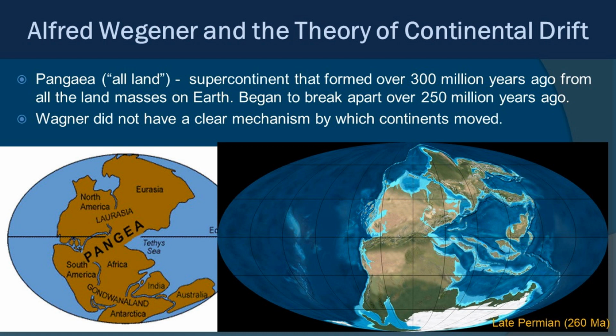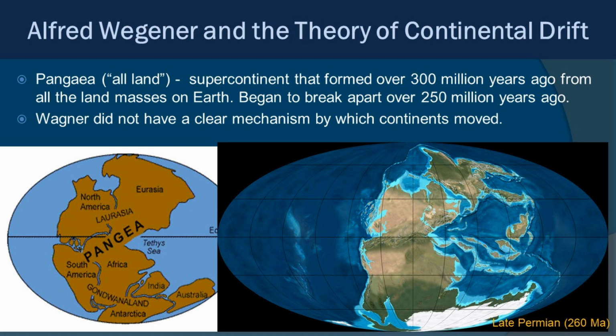Pangaea literally means all land. And this formed over 300 million years ago. You can see a drawing of this on the bottom left. Now, by about 250 to 260 years ago, Pangaea began to break up, and that's where these continents begin to separate out into what we would consider their modern positions.